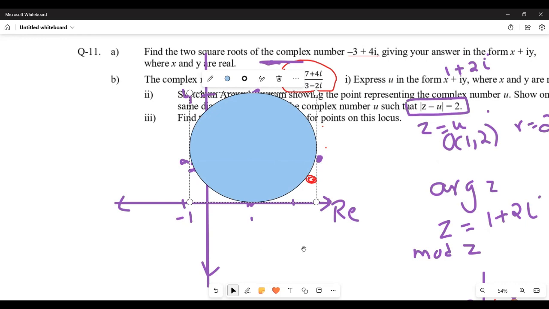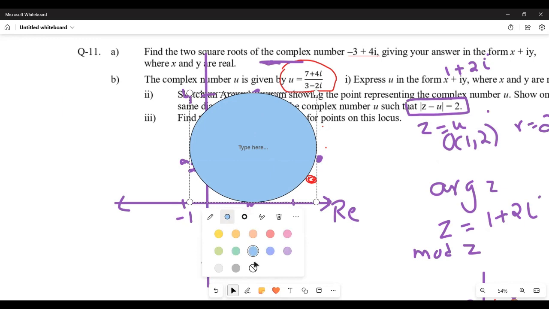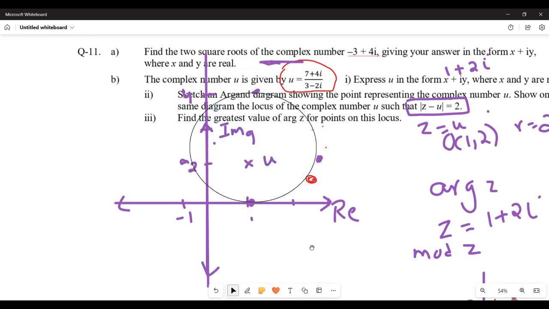Okay, this is the circle whose radius is 2. And the center would be significantly higher. This is the center. Let me just get rid of all the other markings inside. Okay, now this would be 2.